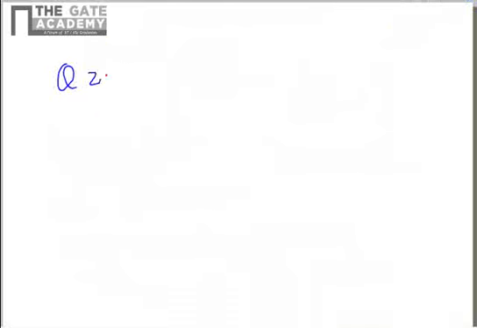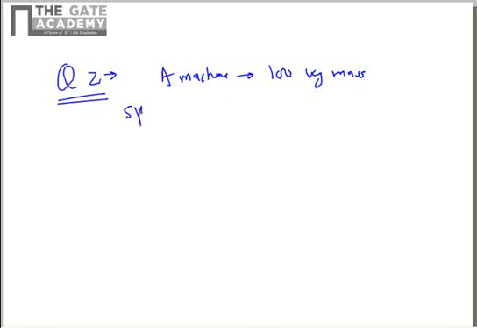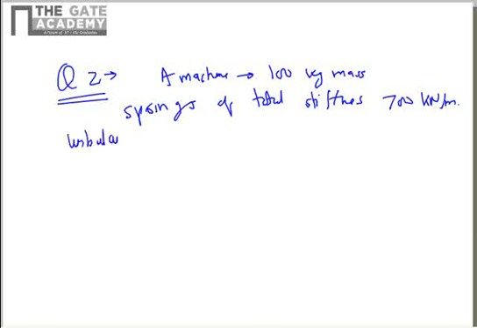We'll take another example in the topic of forced oscillation. In this case, a machine with a mass of 100 kg is supported on springs of total stiffness 700 kilonewton per meter, and it has an unbalanced rotating element. This is the most common form of forcing in machinery.